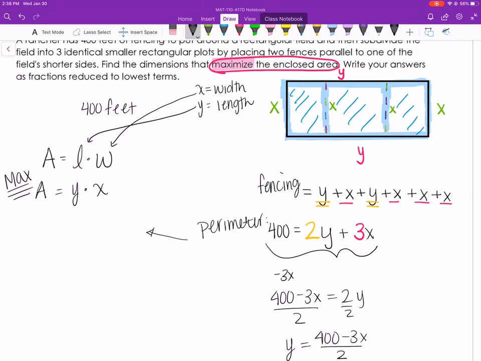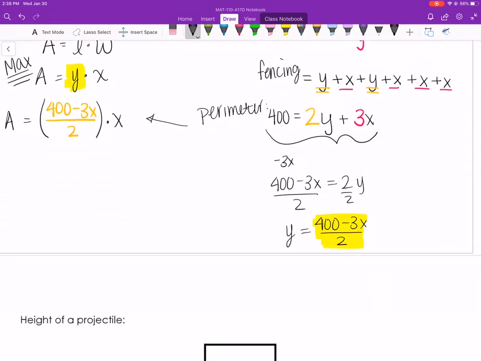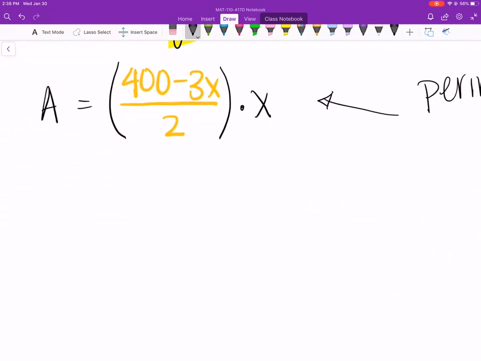I'm going to take that y and plug it in where I see this y. So I'm replacing y with 400 minus 3x all divided by 2 times x. And that is what I'm finding the vertex of. So you can handle this several different ways.